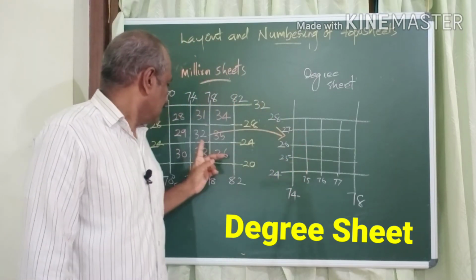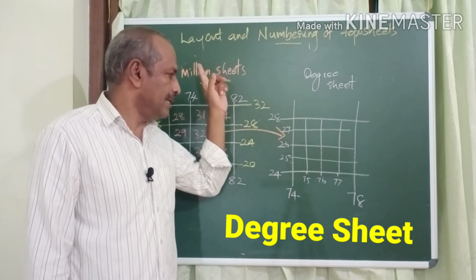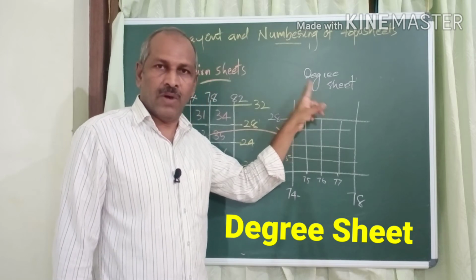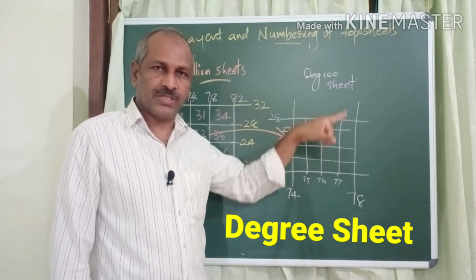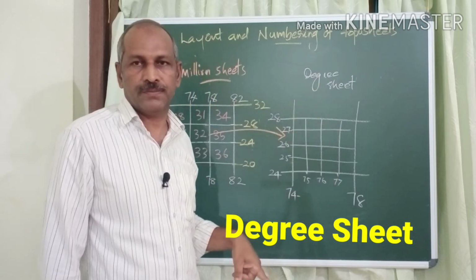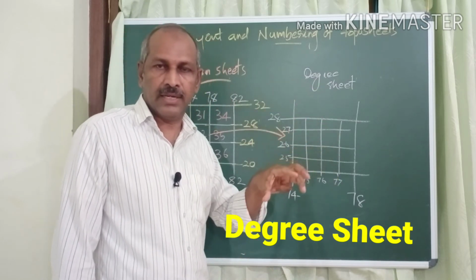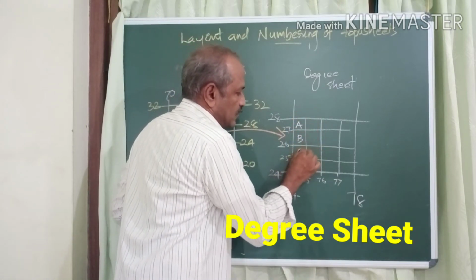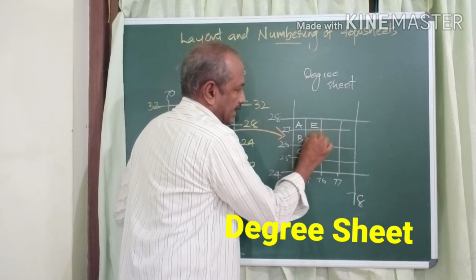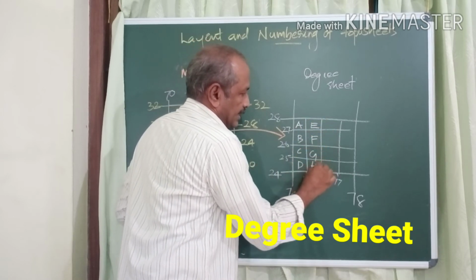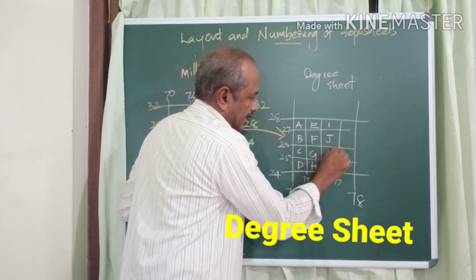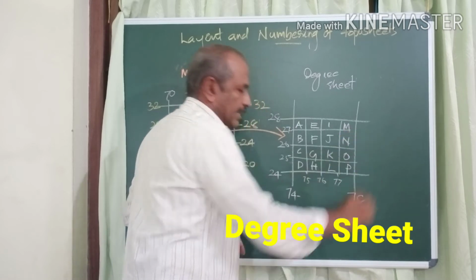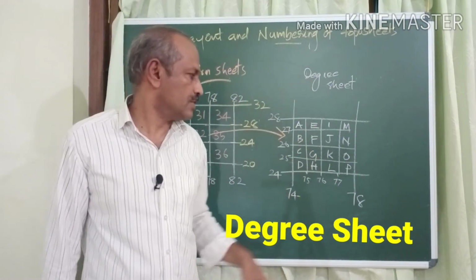And here the 32 million sheet is divided into 16 sheets, each of 1 degree latitudinal and longitudinal extension. These sheets are given alphabetic codes: A, B, C, D, E, F, G, H, I, J, K, L, M, N, O, P, up to P. That means 16 equal parts.